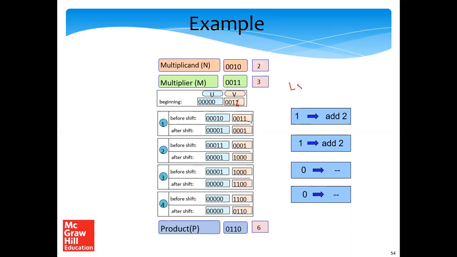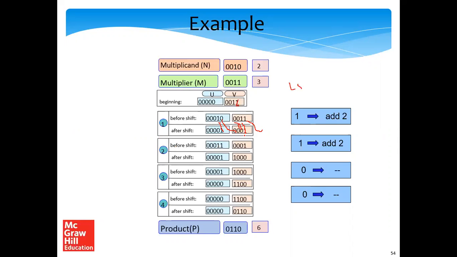Then the 1 is thrown out, and this 1 comes here, and this 0 comes here, and this bit 1 comes here, and likewise this is 0. Then next we again check the LSB of v.